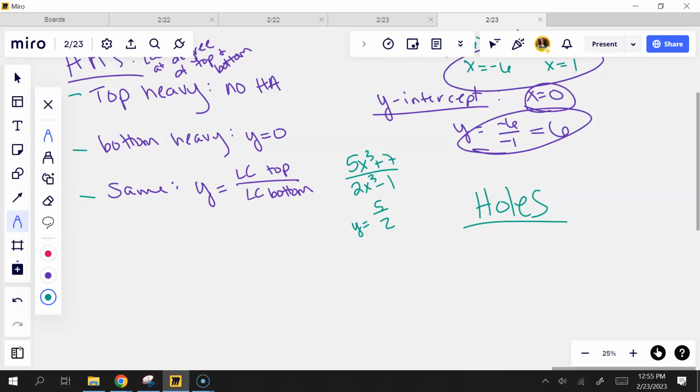Holes happen at places where factors cancel, top and bottom.